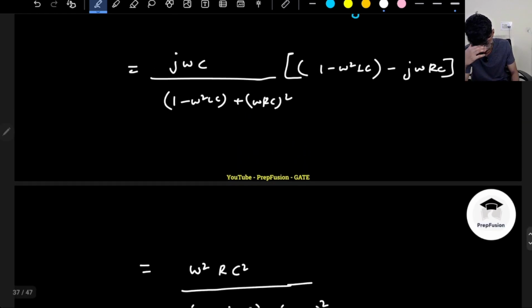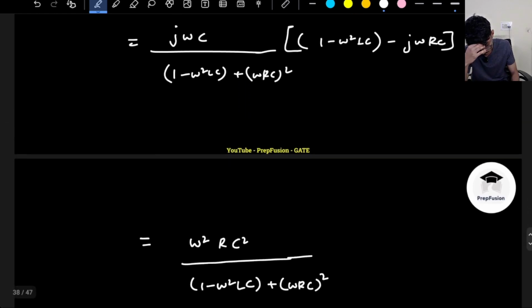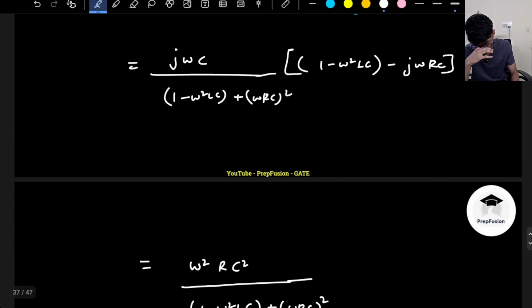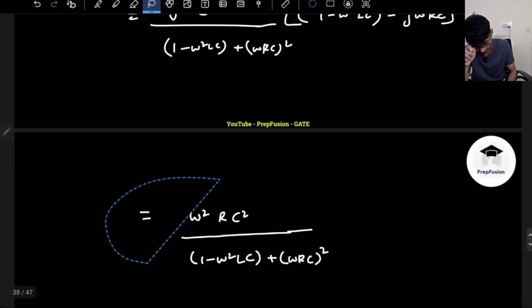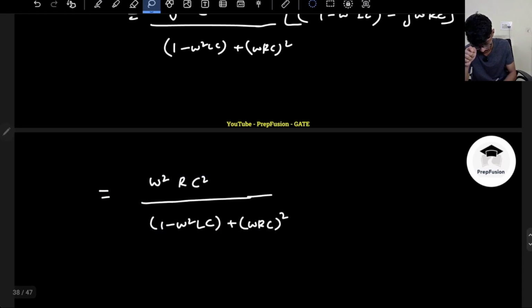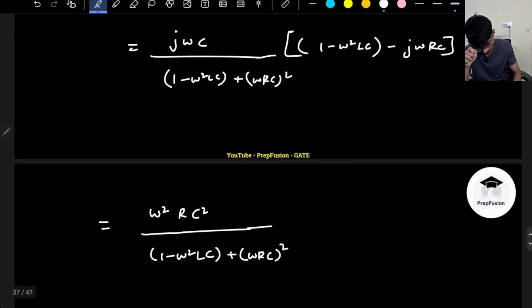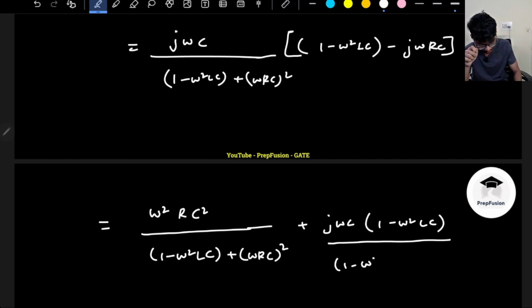And this value will be plus j omega C into 1 minus omega square LC, divided by the same denominator. I think you're understanding how difficult the calculation is.